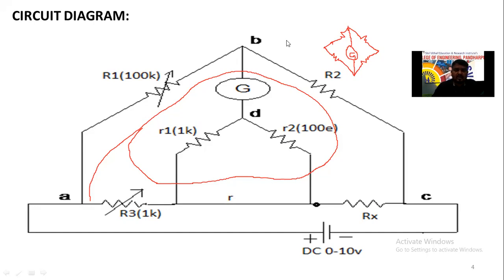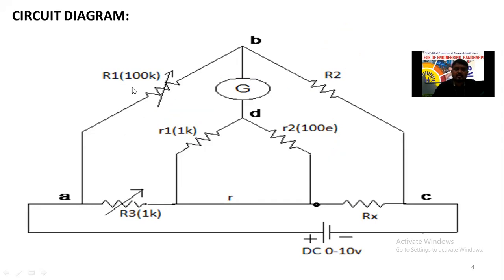Don't get confused: here I have used R1, R2, while in the previous case I used P, Q, R, S. Nothing to worry about whether it is P, Q, R, S or R1, R2, R3. Whatever it may be, R1 is connected here, R2 is connected there, and so on.